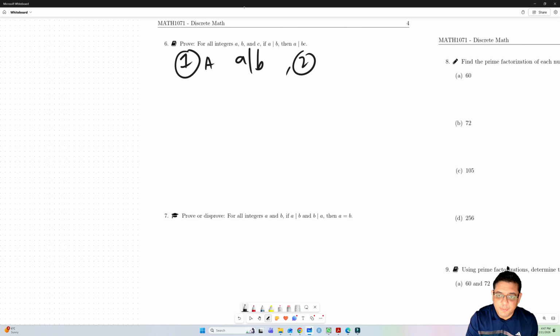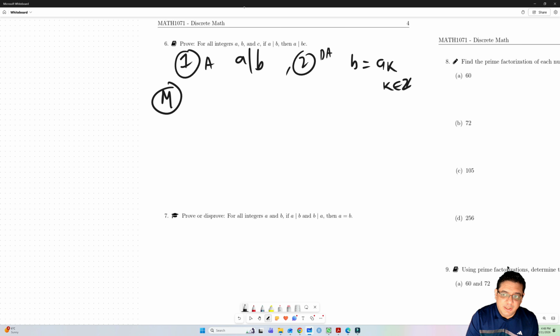So step number 2, my definition of the assumption is going to be that b equals a times k for a certain k that belongs to the integers. Now, I need to show that a is not only dividing b, but b times c. So this is where my manipulation step goes.